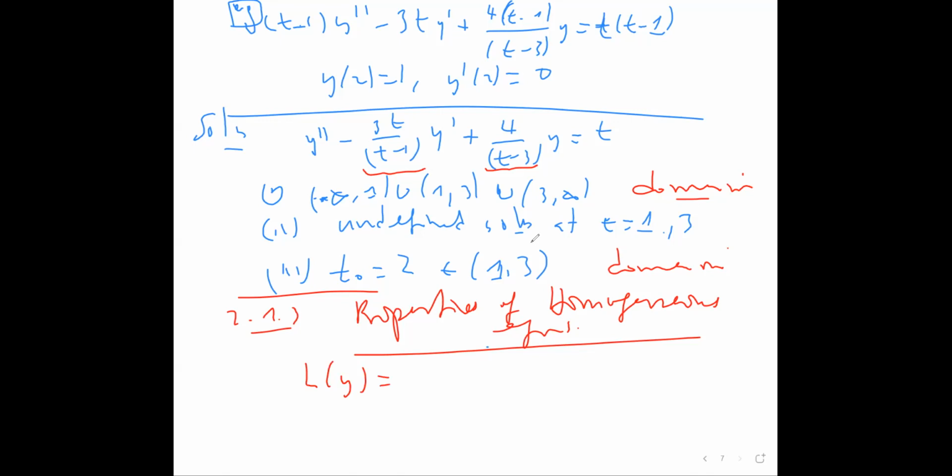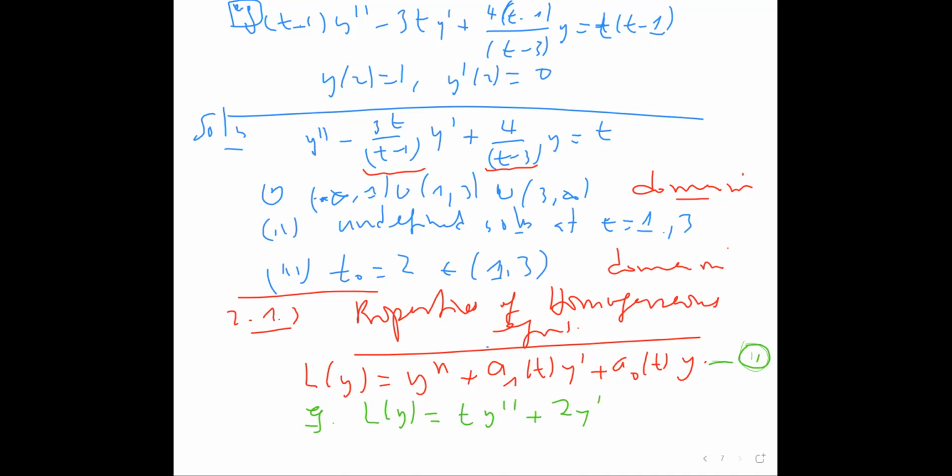We have Ly equal to y'' plus a1(t) y' plus a0(t) y, and let's call this 1. An example is Ly equal to t y'' plus 2y' minus 8/t y, acting on y(t) equal to t cubed.